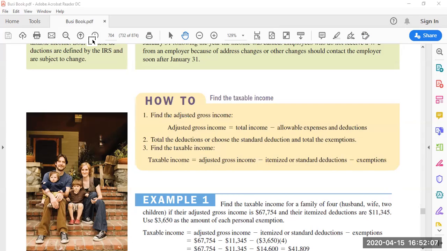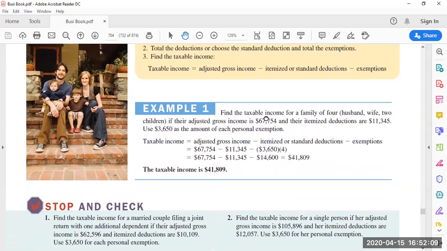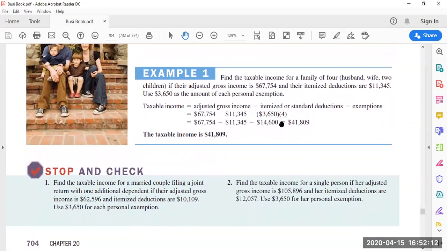Let's look at an example and see how we can go about taking all this information and figuring out what is the taxable income. In this case, we're asked to find the taxable income for a family of 4, husband, wife, and 2 children, if their adjusted gross income is $67,754 and their itemized deductions are $11,345.